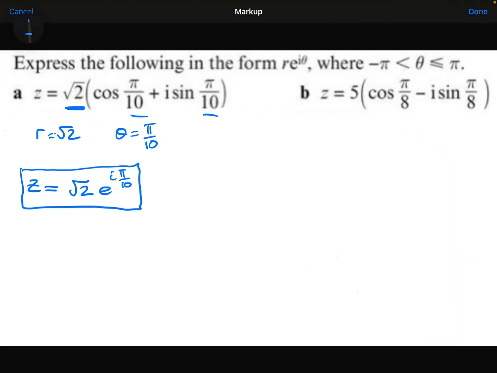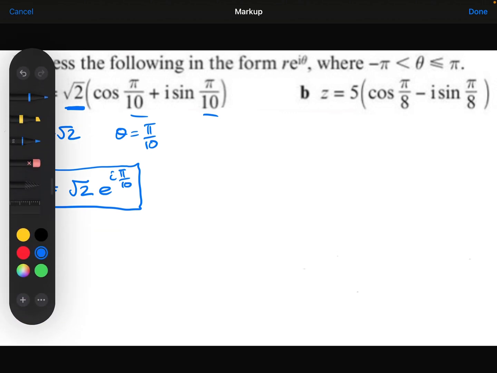For the second example, I can see that my modulus is 5. My argument, now I need to be a little bit careful here because I've got this minus inside there. Now remember from year 12 that in that case what we can do is rewrite this as being cos pi over 8 plus i sine minus pi over 8.